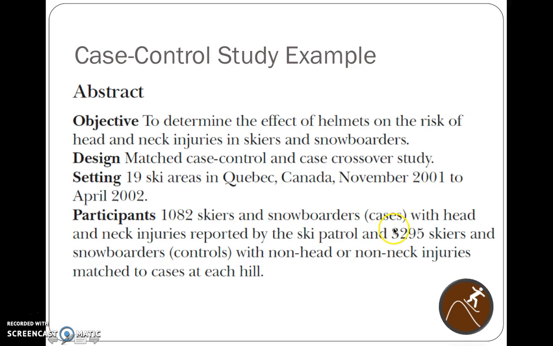And then there were other things reported to the ski patrol, 3,295 skiers and snowboarders who had non-head and non-neck injuries, and they matched them to each hill. So we have our cases and controls, and they're all injuries reported to the ski patrol. It's just that the cases had head and neck injuries and the controls had other injuries.